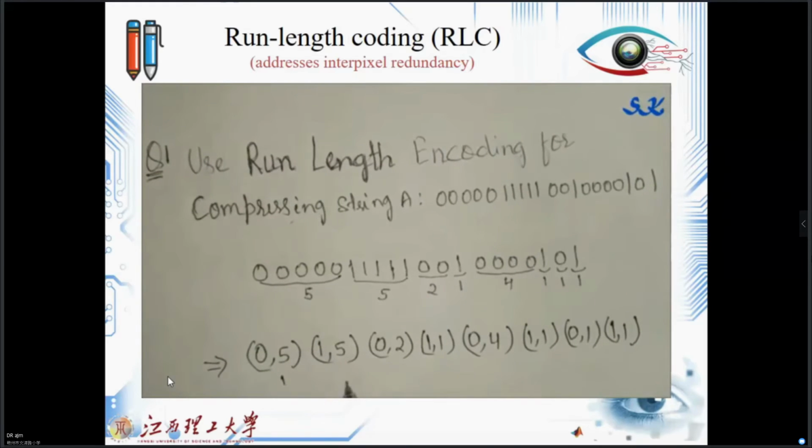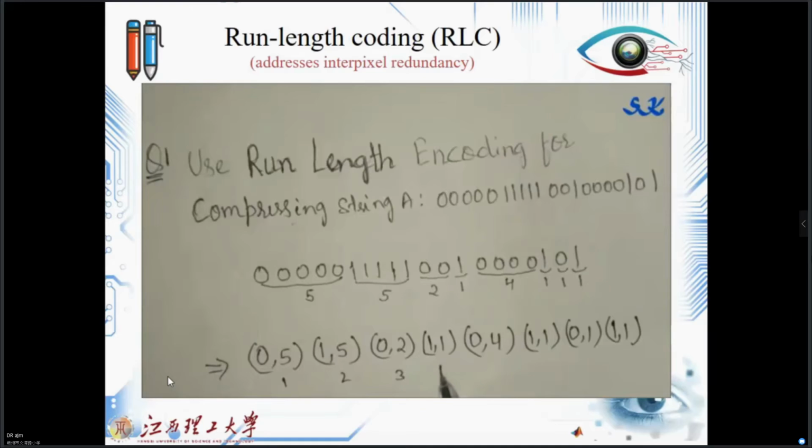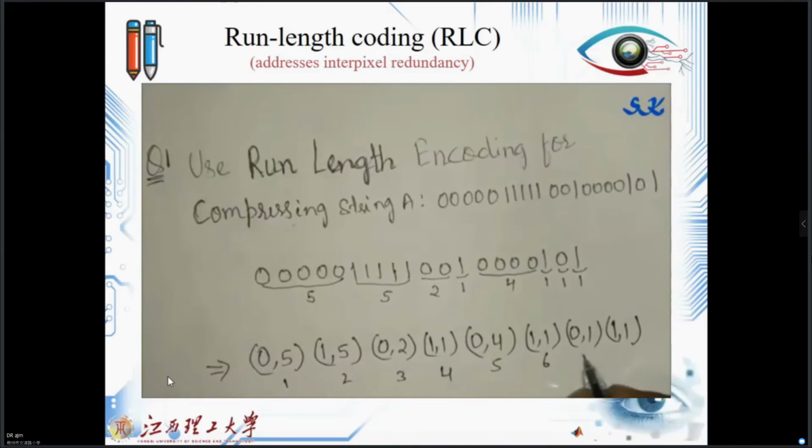Now we will count the terms: 1, 2, 3, 4, 5, 6, 7 and 8.